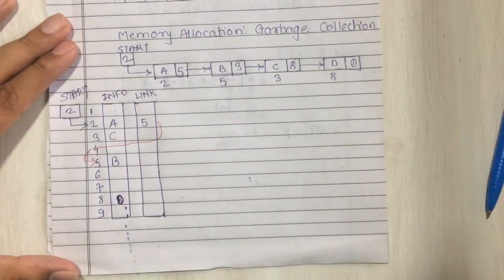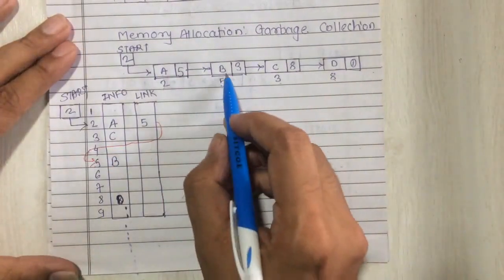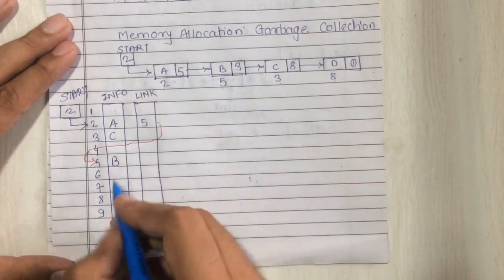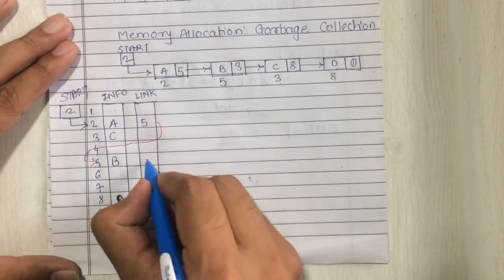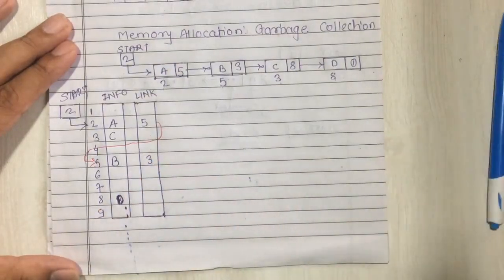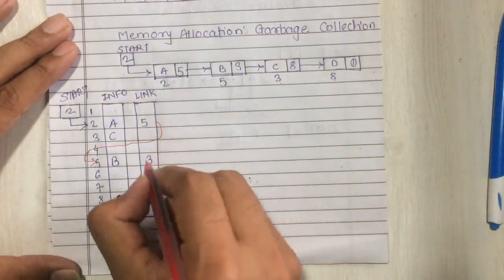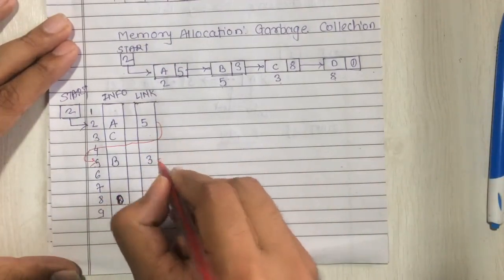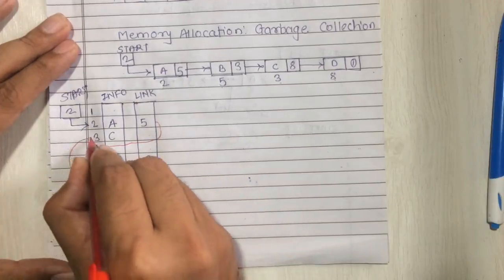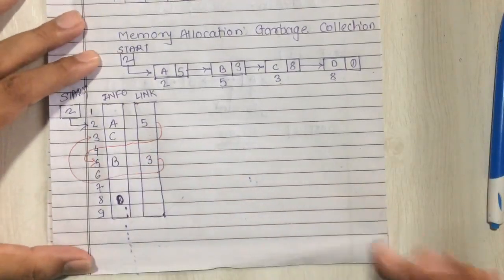Then after that, B is linked with the node with the address 3. So the link part of B will contain 3. Now we have to link this with 3. So we have linked these with each other.